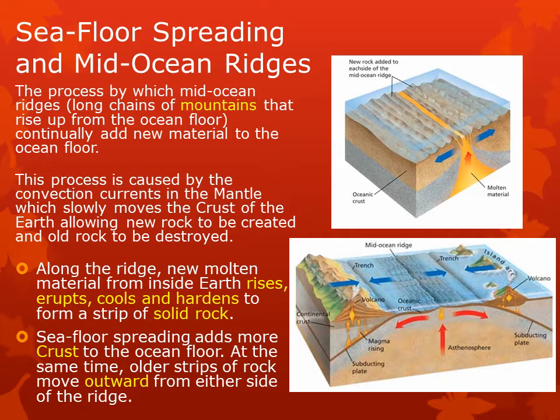As this hot material rises, the cool material at the surface is pushed to the side and it begins to sink back down into the mantle. Remember, convection is the rising and falling of a fluid, all right, driven by the heat, either from, say, a stove, like boiling water, or from the core and the mantle of the earth.